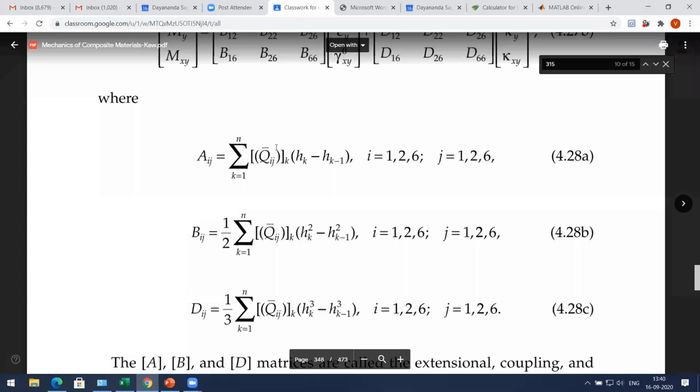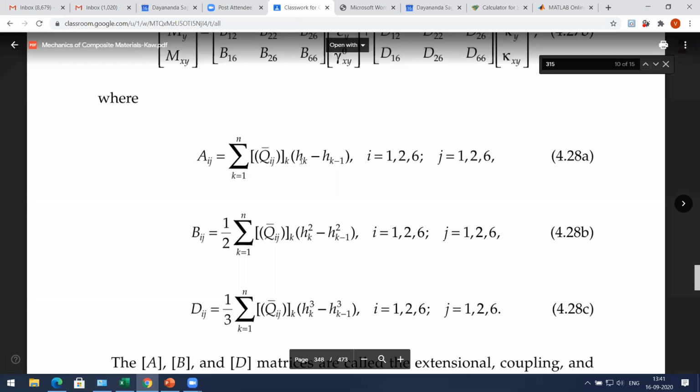What do you mean by Q bar? Q bar is nothing but the transformed reduced stiffness matrix, multiplied by hk minus hk minus 1, which is the thickness.